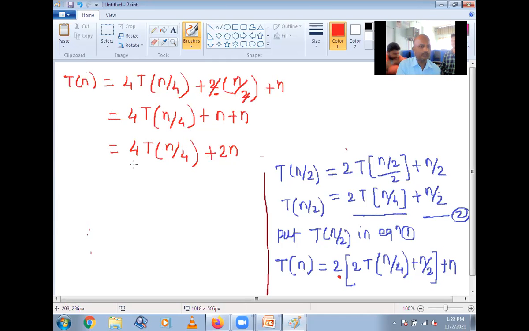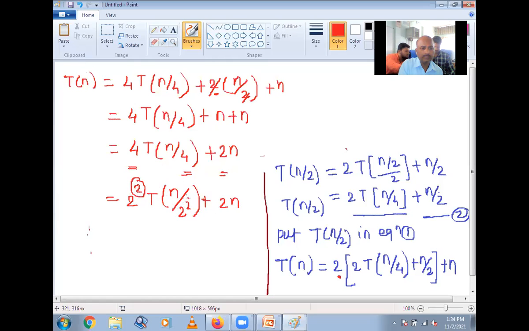2n. So we will see the relation between these 4 and these 2, that is we can write 2 raised to 2 T of n by 2 raised to 2 plus 2n. Instead of these two, we can write i.